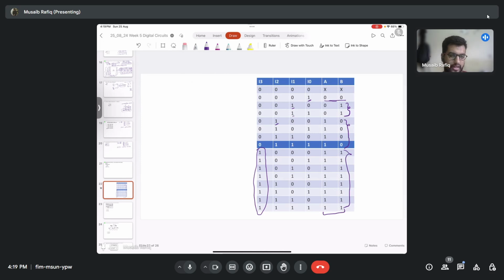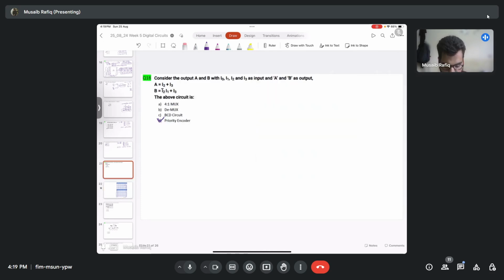You can construct a K-map for this, and you can see the outputs A and B will come out like this. Also looking at this output, you can see A equal to I2 plus I3. So whenever I3 is 1, A is 1 and B is 1. So for I3 equal to 1, A and B are equal to 1.